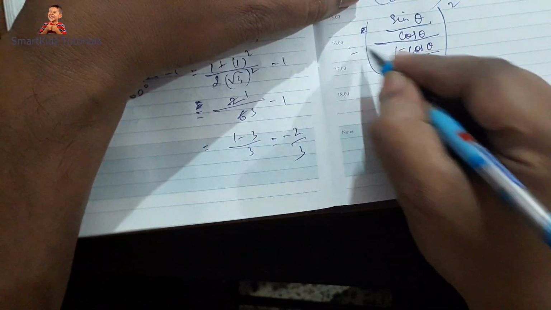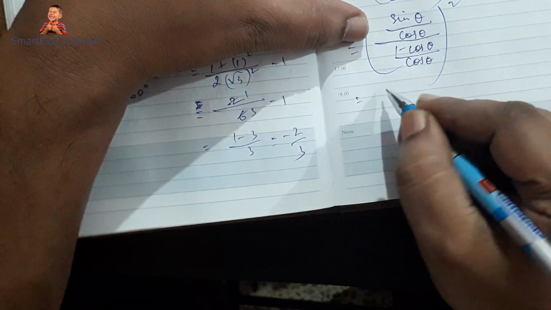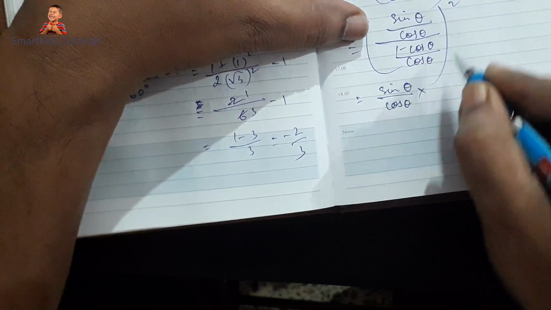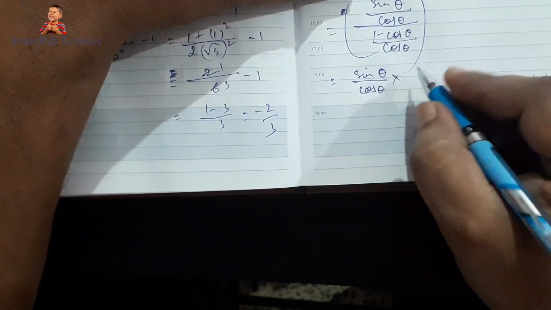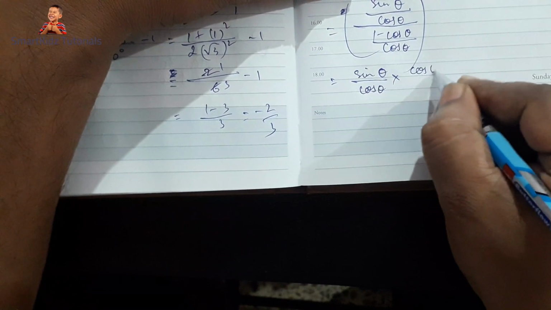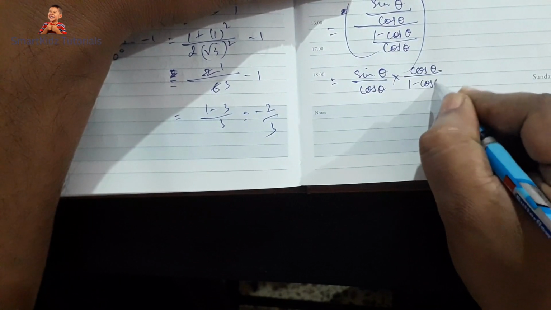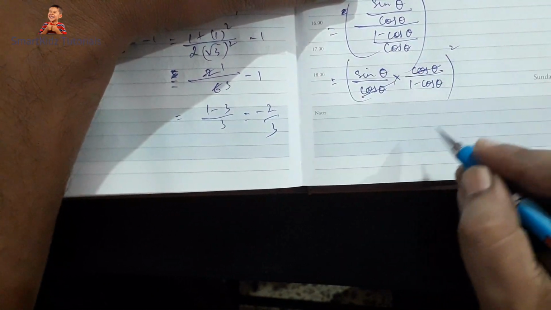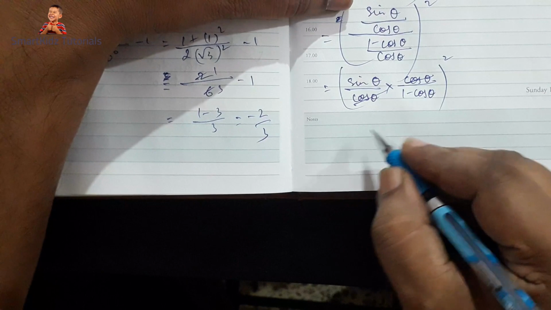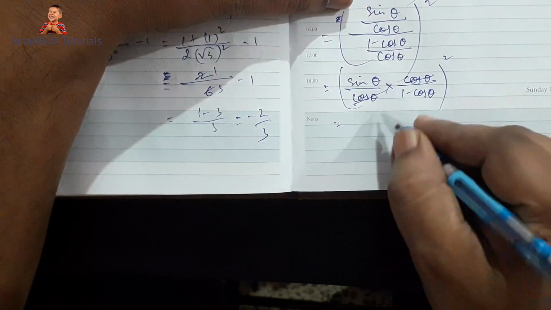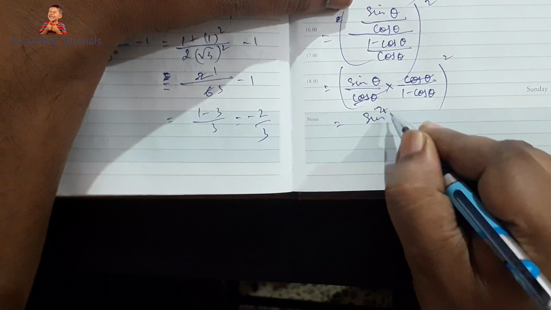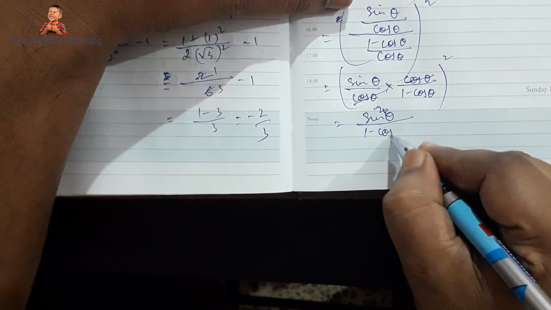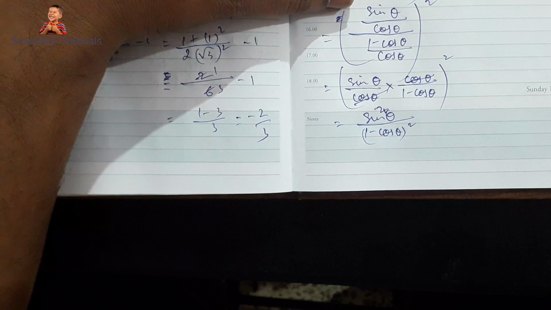So this actually will become sin theta upon cos theta multiplied by, here the denominator will become numerator, cos theta upon 1 minus cos theta. This cos theta will cancel, and this is in square, do not forget that. Okay, so we are left with sin theta whole square, which we can write as sin square theta, and 1 minus cos theta whole square over here.